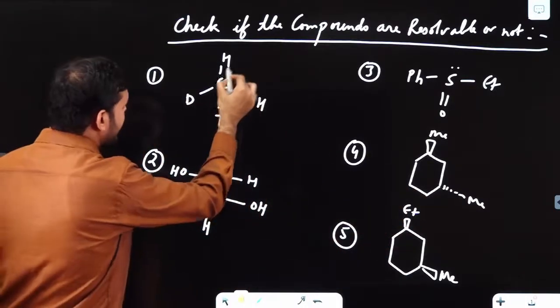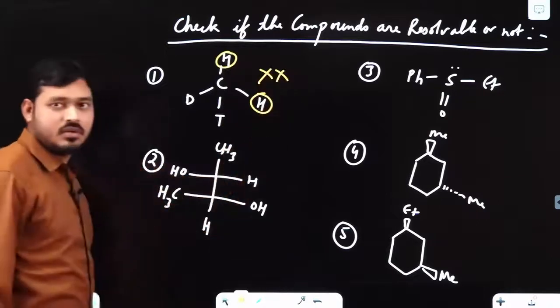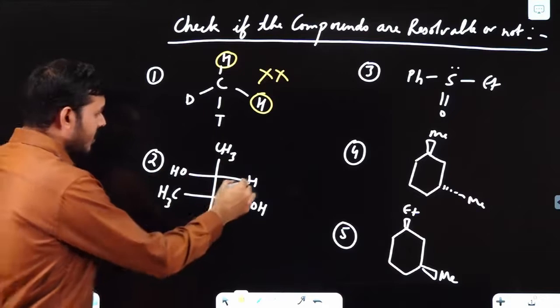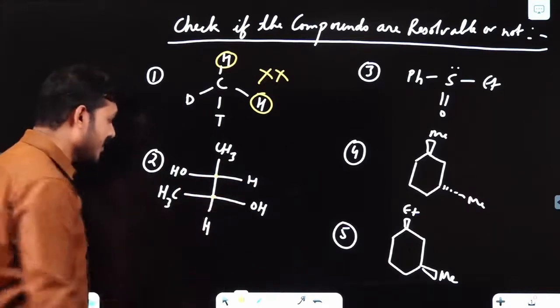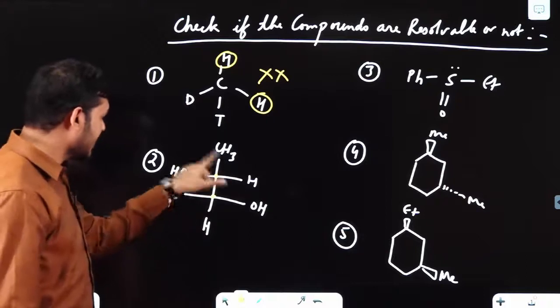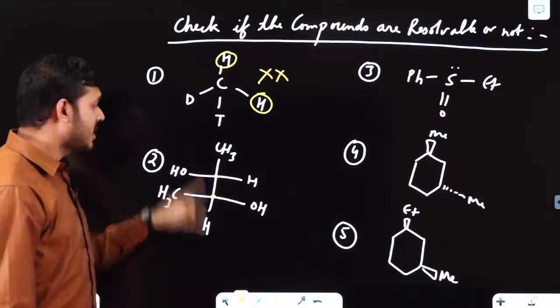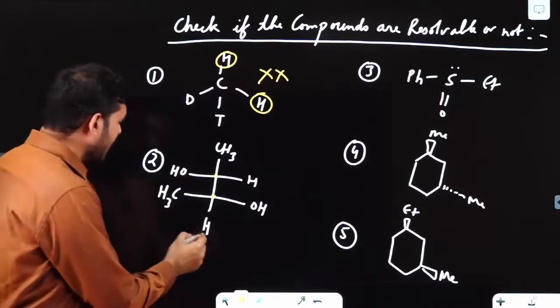See, this carbon is having hydrogen and hydrogen, two common atoms, so non-resolvable. Now check this one, hydrogen, OH. So this is a chiral center, this is also a chiral center, but these groups H, CH3, OH are the same. So let me check whether it is meso or optically active. On interchange, what will I get?